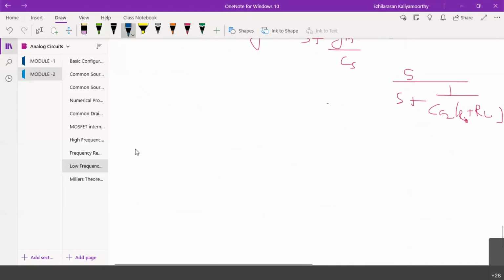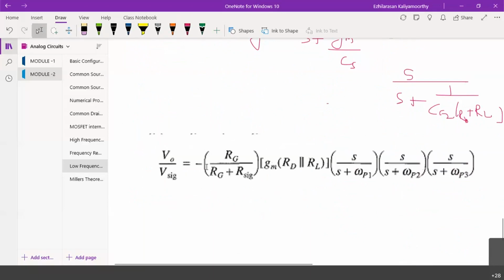So the final GV will become like this: minus Rg by Rg plus Rsig, Gm into Rd parallel RL, S by S plus omega P1. That is the first cutoff frequency. Already we calculated this. Omega P1, P2, P3 we know.